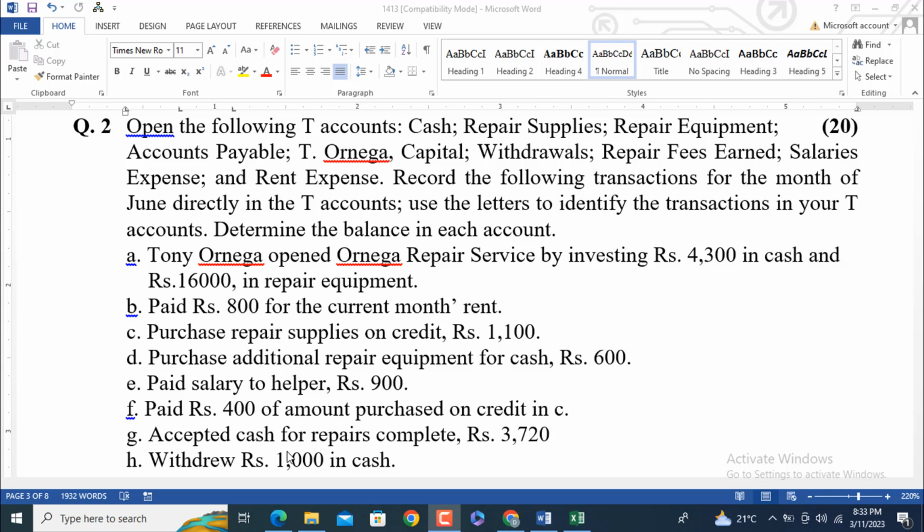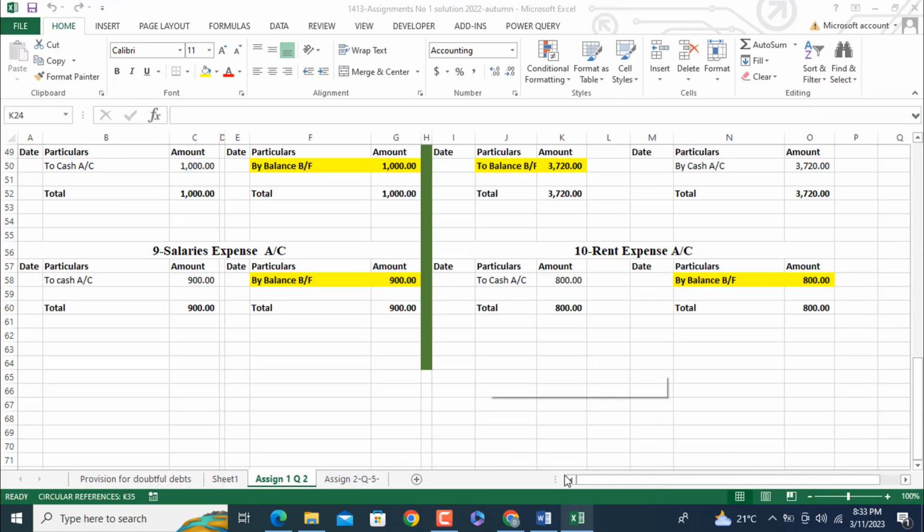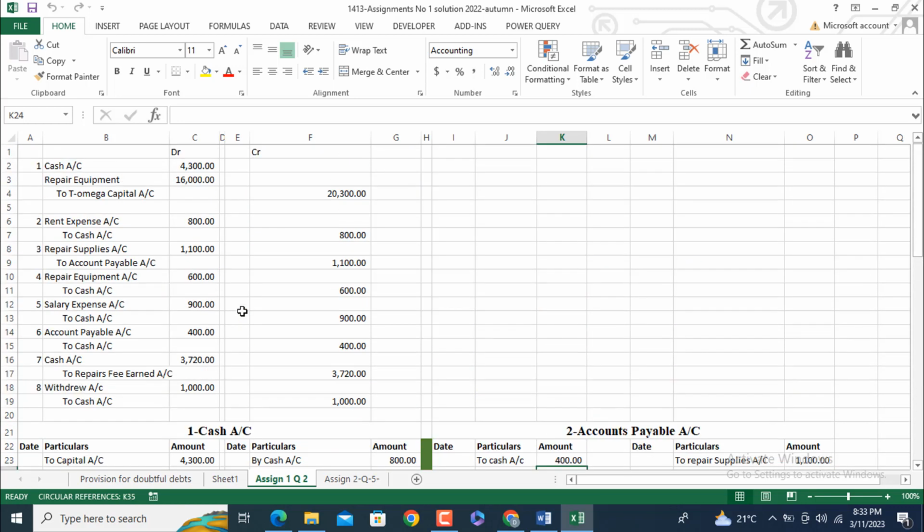So let's move to the Excel sheet where I have completed this solution. As I told you, I have passed these transactions in journal entry form. After that I just pick up the amounts and place them into their respective T accounts. Cash account 4,300.